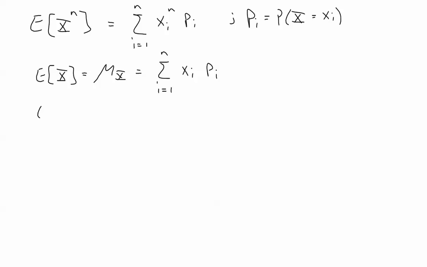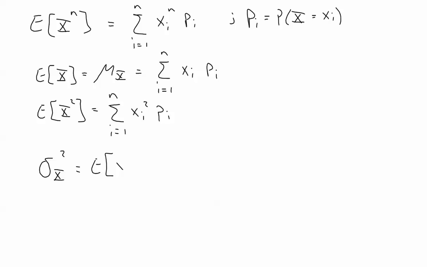And likewise, my second moment, or my RMS value squared, or normalized power, equals pretty straightforward. All right, and then my variance, which is just my mean squared minus the square of the mean.